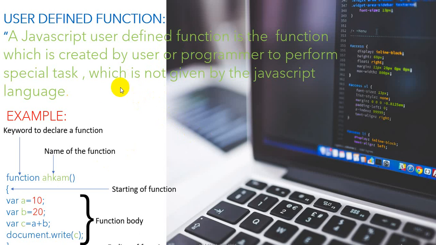Now how you can create one: as I told you earlier, you can create a user defined function, but there is a certain guideline to create it in JavaScript. If you notice this example, I have written the function keyword, then a name, then opening and closing circle brackets. This circle bracket shows that this is a function.